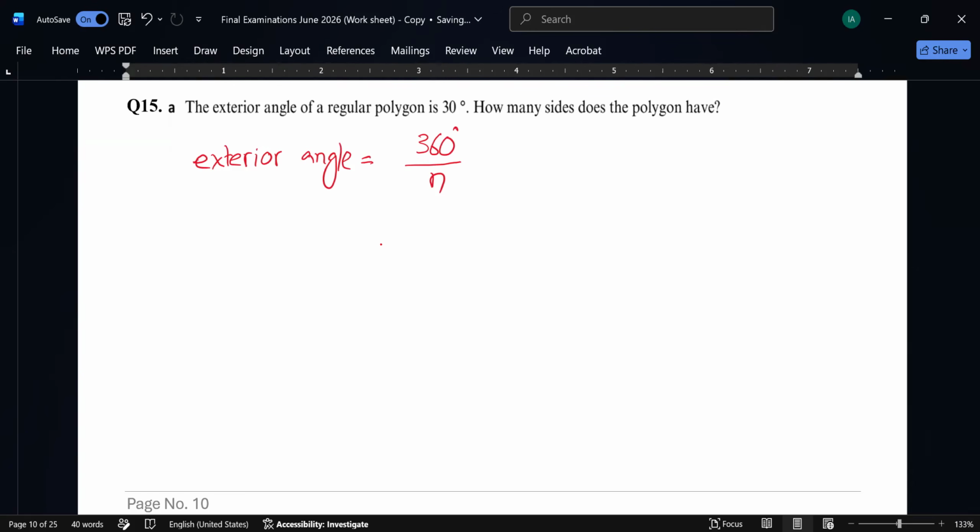Now we are looking for the number of sides. Means we don't know the value of n, but what we know is the exterior angle, which is 30 degrees.